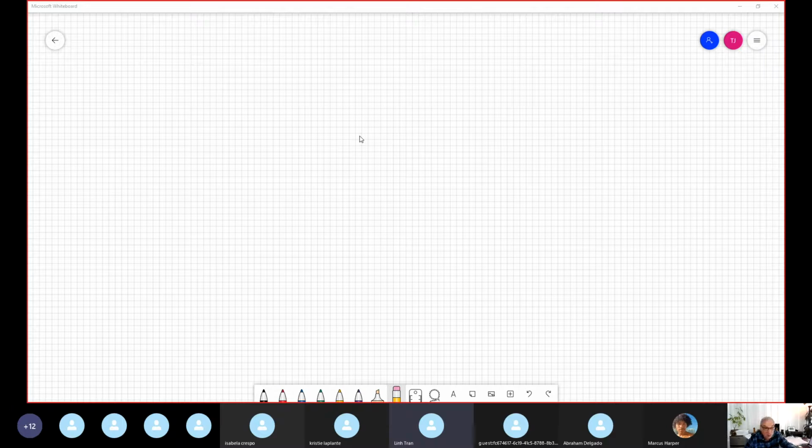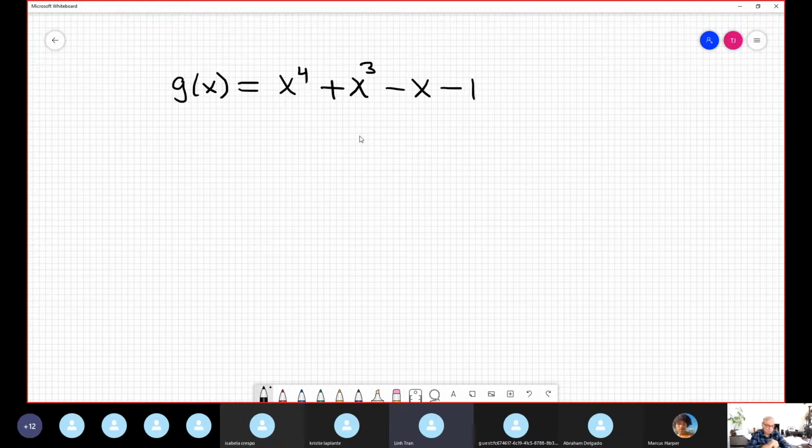Suppose another example. Suppose g of x, polynomial again, x to the 4th power plus x to the 3rd power minus x minus 1. Okay, good, very good. What is the degree of this polynomial?